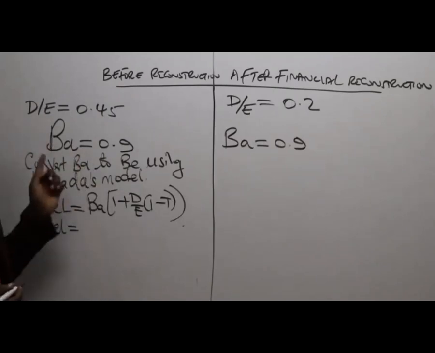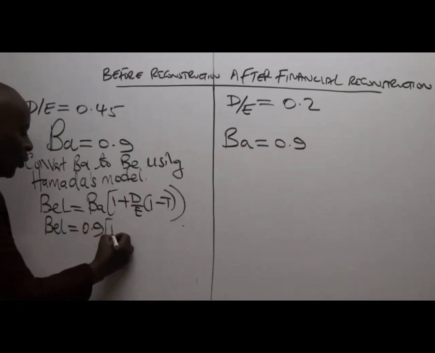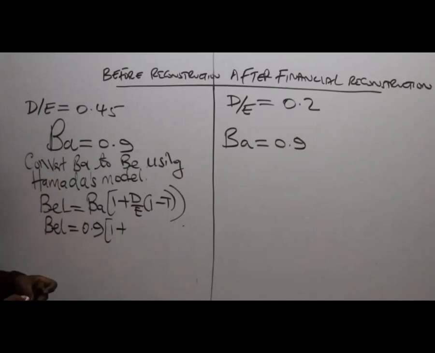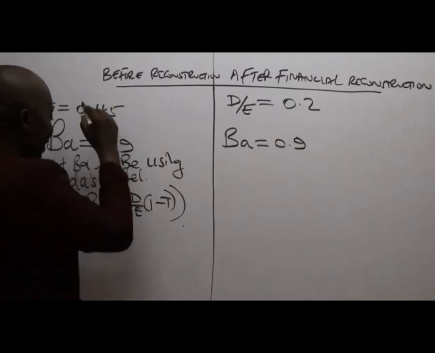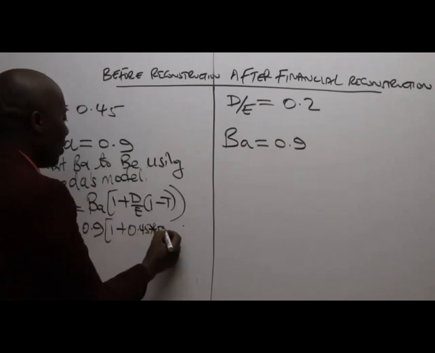So remember, beta assets is the same between the two. So beta assets here will be 0.9 into 1 plus. Are you able to see the debt to equity ratio? It's 0.45. It's here. 0.45 multiplied by 0.7.